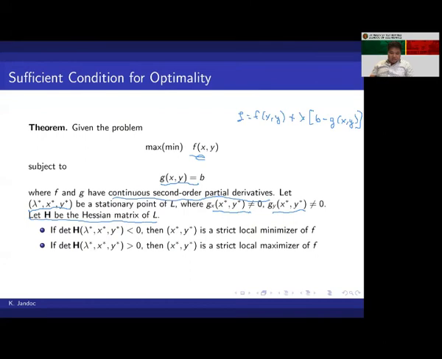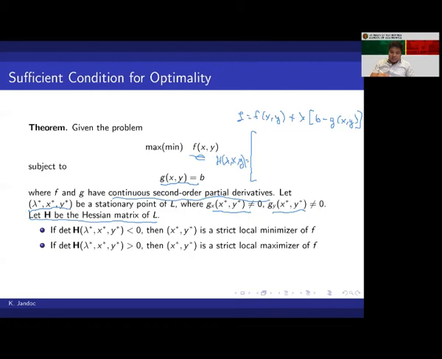What is the Hessian matrix of L? Well, the Hessian matrix of L is defined by second order partial derivatives. The Hessian matrix H is a function of lambda, x, and y.